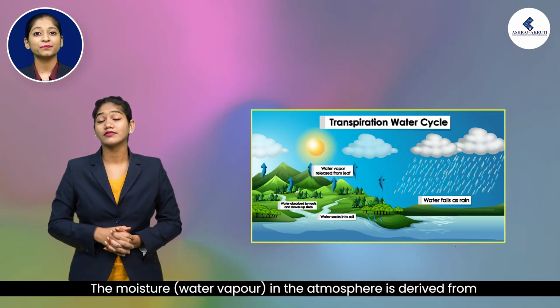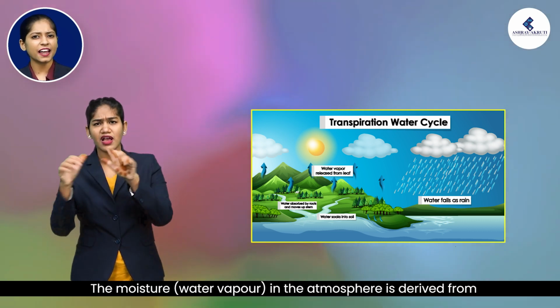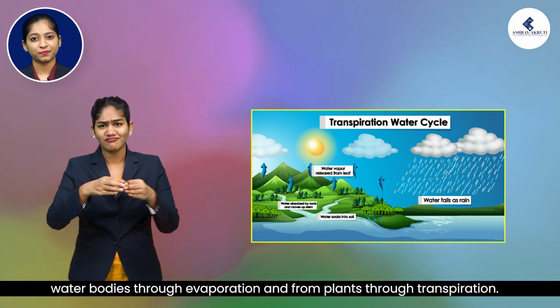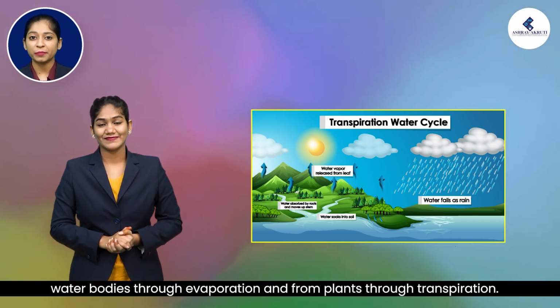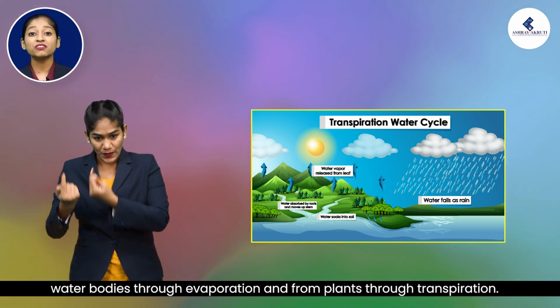The moisture, water vapor in the atmosphere is derived from water bodies through evaporation and from plants through transpiration.